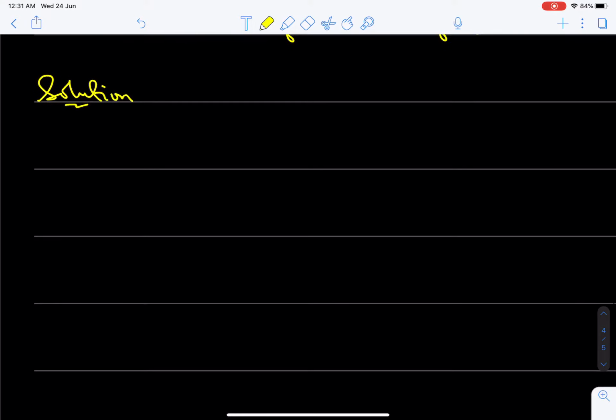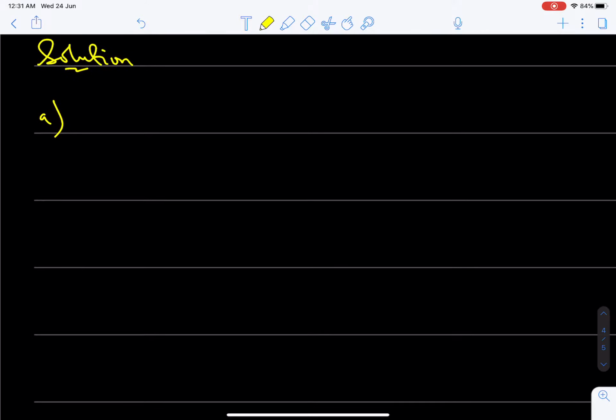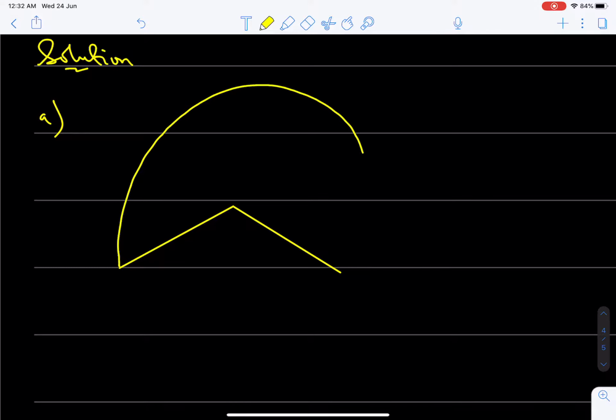Now that's A. Now let me have this as the cone, as a sector. If this is a sector, it's a major sector because its angle is a large angle.